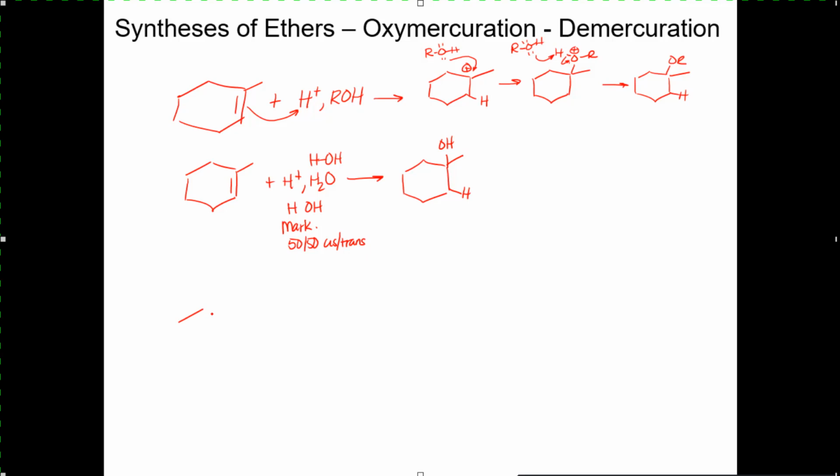Now, oxymercuration-demercuration was when we added mercury acetate to our double bond, and what that did was add a mercury 1 plus to the double bond, so that we ended up with something that looked like this.